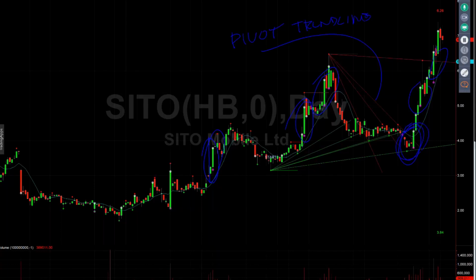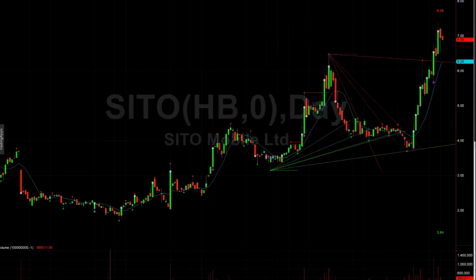And on this particular day, it fired not only an action candle, but a break of that pivot trend line at $4.30 a share. Today it's at $6 a share. That's taken 2 weeks. So in 2 weeks, it's gained roughly 50%. And it all started with the action candle right there that was breaking through resistance.